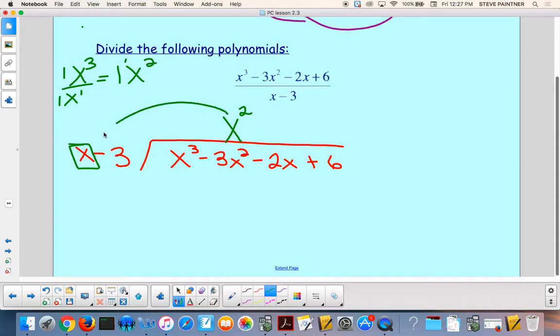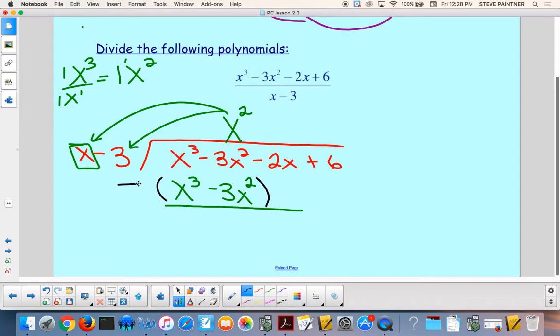Multiply. Here we go. And you end up with x cubed minus 3x squared, right? Now what do you do next? You subtract. But careful here, because when you subtract, you're not just subtracting one number, you're subtracting 2 terms, a binomial.